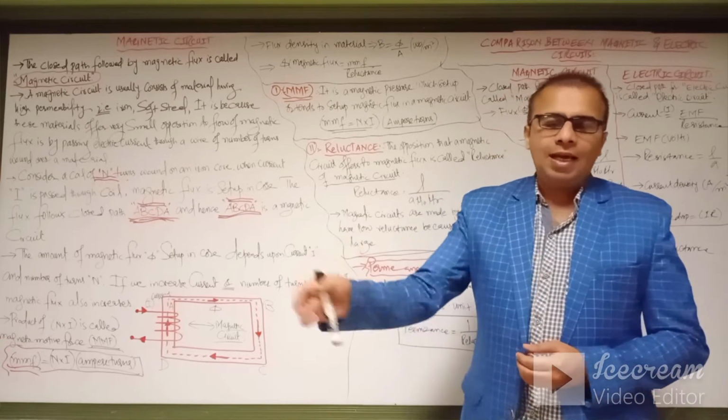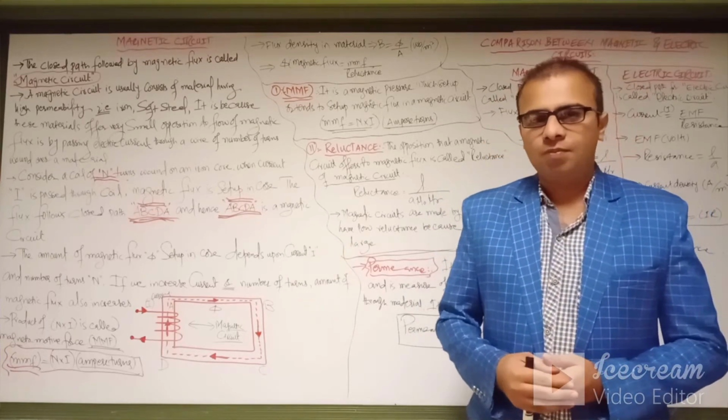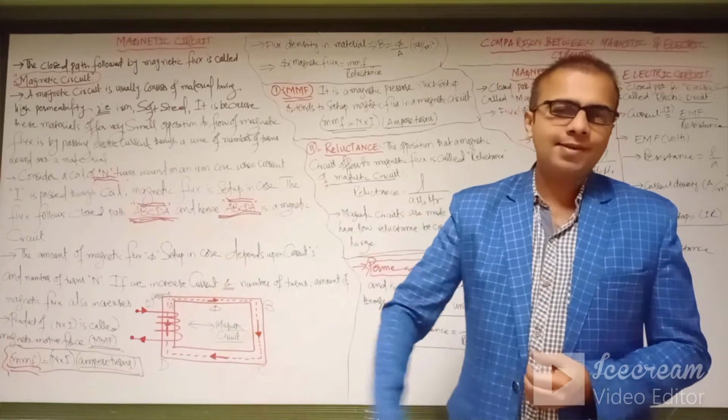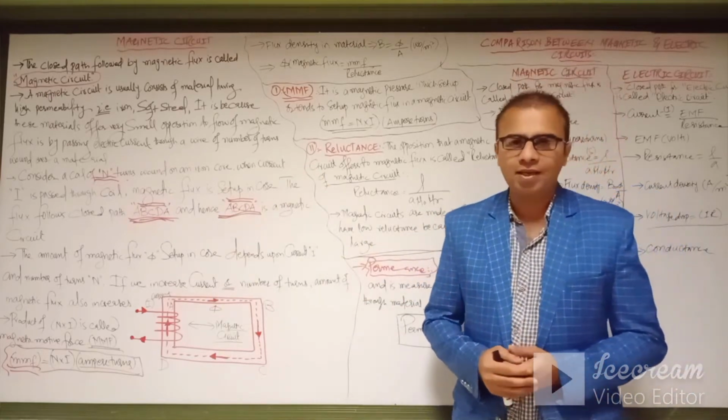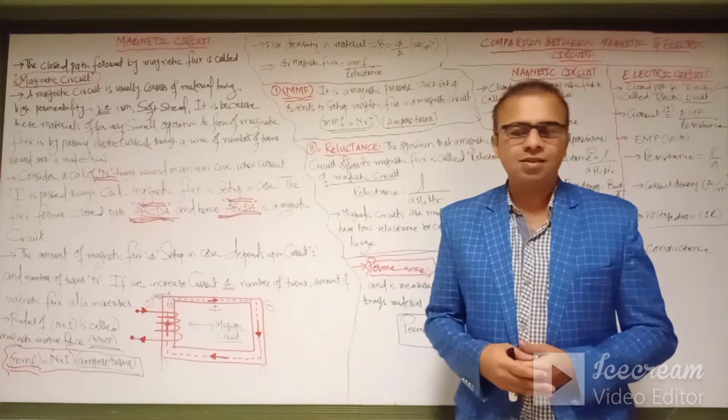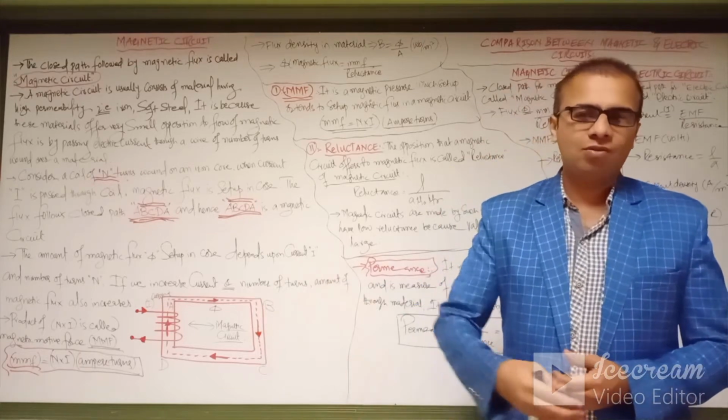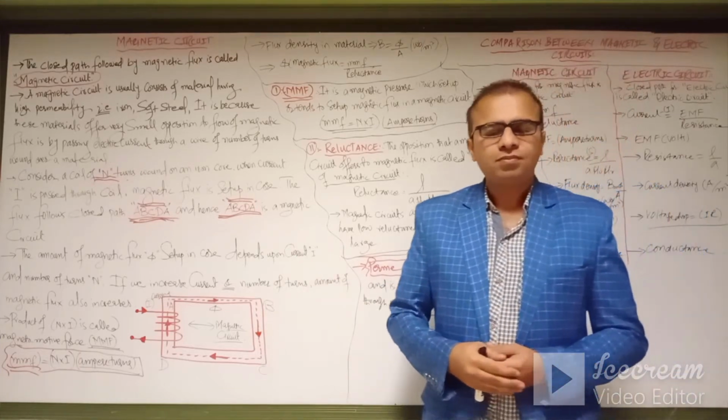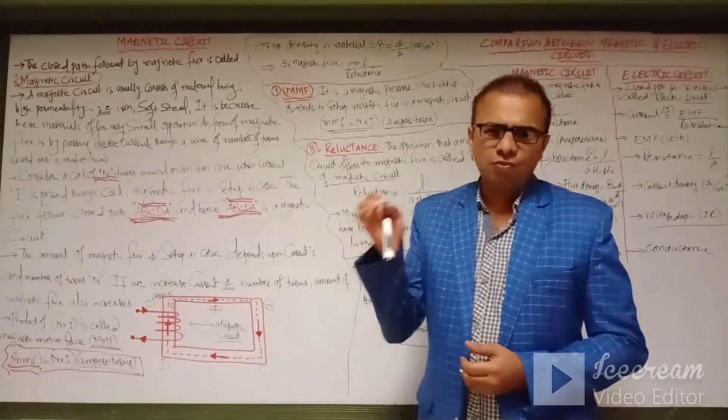The magnetic lines of force start from the north pole and terminate at the south pole, and they never intersect each other.